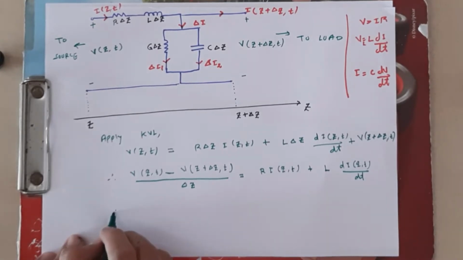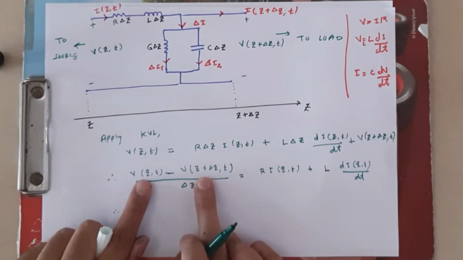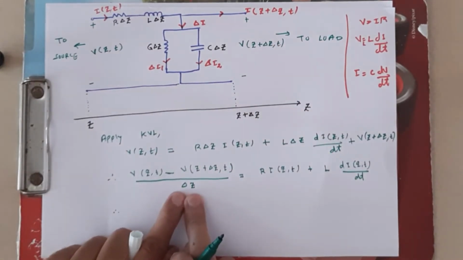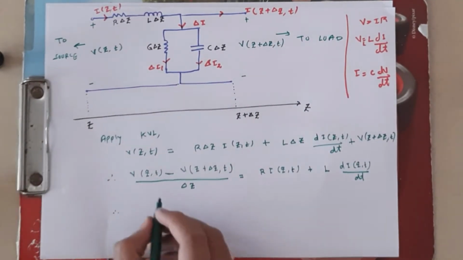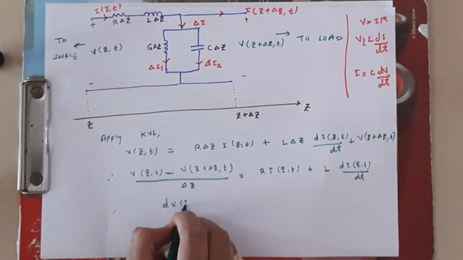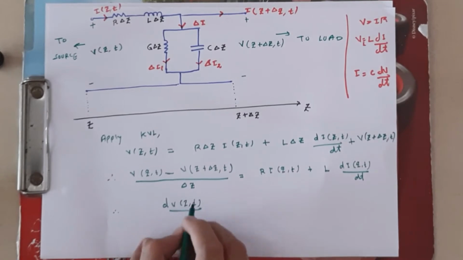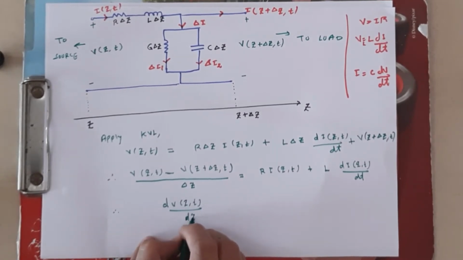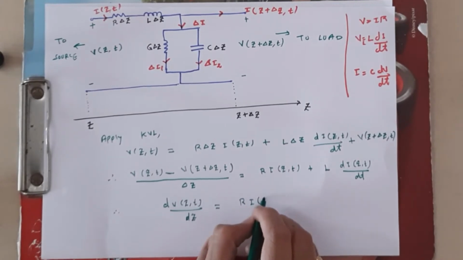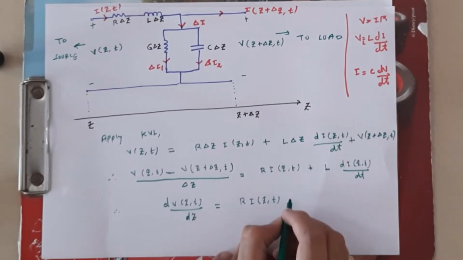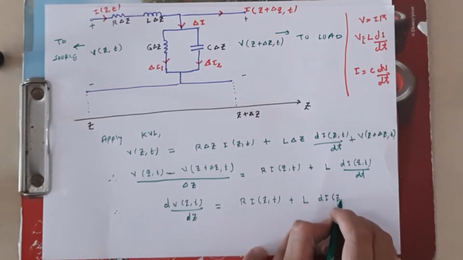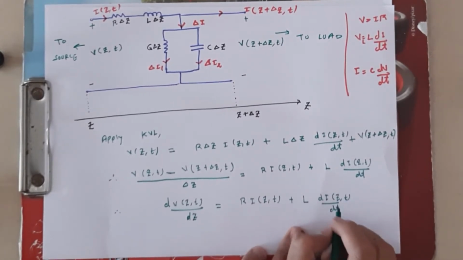This is nothing but the voltage difference between the source side and the load side with respect to delta z. So it is dV(z,t) by dz is equal to R I(z,t) plus L di(z,t) by dt.